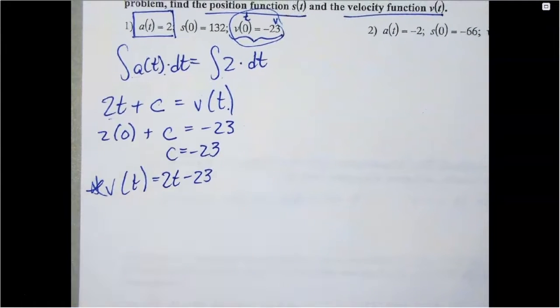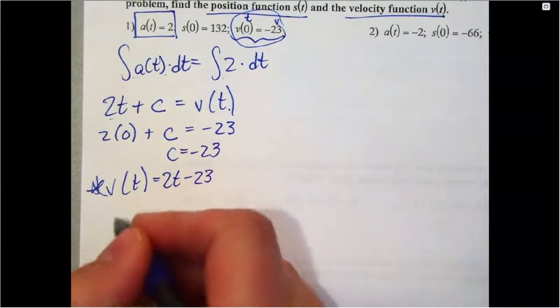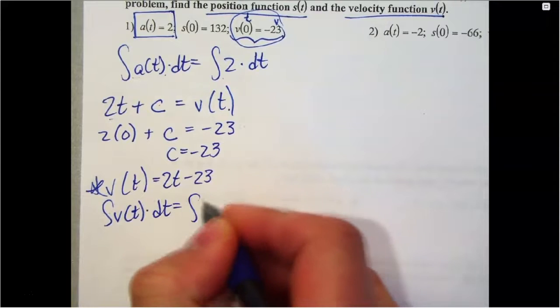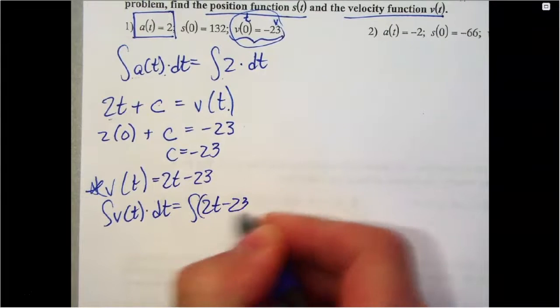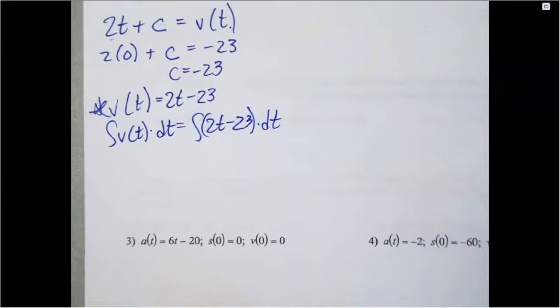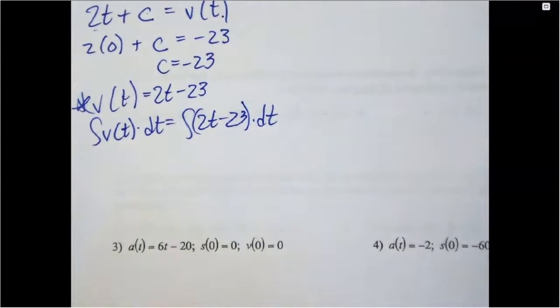And then I want to find position. So what do I do from here? It's the same exact process. I'm going to integrate v of t, which means I'm integrating 2t minus 23. What's the integral of 2t?